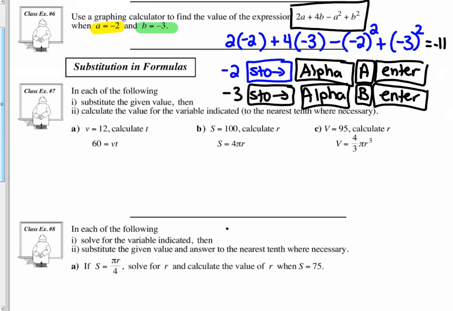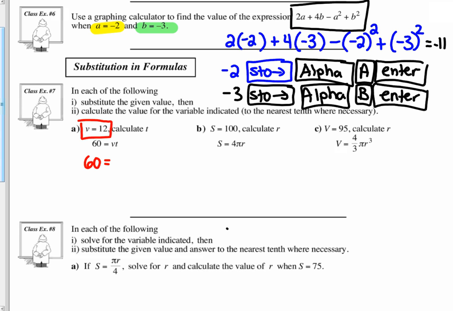Isolating a formula is going to be very important in this unit. So, for example, in this one, if we want to sub in v equals 12, we are essentially looking for t. In science, they make you rearrange the formula first and then sub everything in. In math, you're lucky.